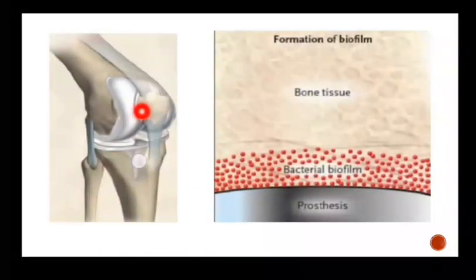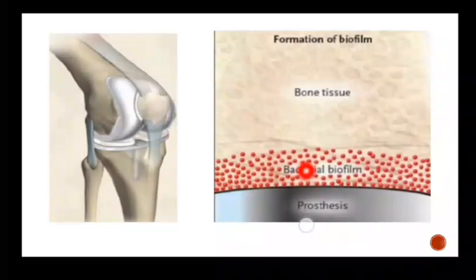See here, the silver color you are seeing, this is the prosthesis. So see here, this is the prosthesis. Then here the red color, this is a bacterial biofilm and this is bone tissue. You know, in this biofilm there is no blood or microcirculation inside the biofilm to deliver antibiotics.